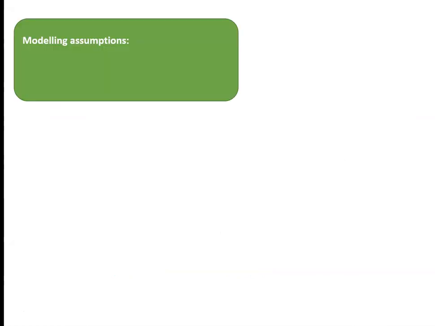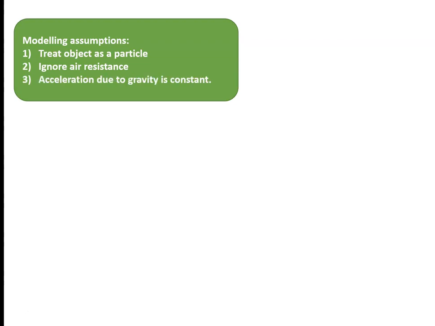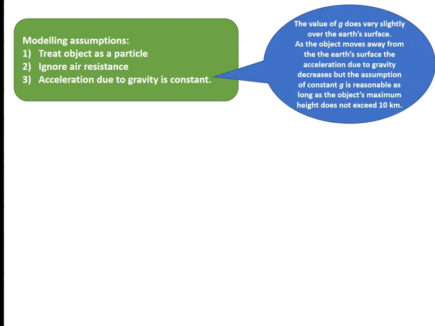Now, we do need to be aware of the modelling assumptions that are made throughout our projectile work. We're treating the object as a particle, we're ignoring air resistance, and we are assuming the acceleration due to gravity is constant. The value of g does vary slightly over the Earth's surface.